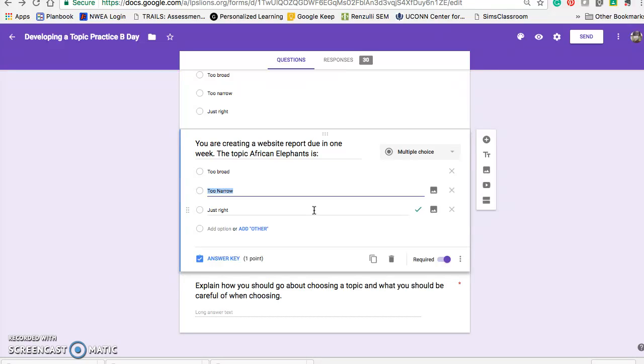You might be able to just talk about the species and not be talking about each type of African elephant in great detail. But you could create a report that said, here are the types of African elephants that exist, and you would be able to show that in that amount of time. You just wouldn't get very detailed about them. So that one is about just right.